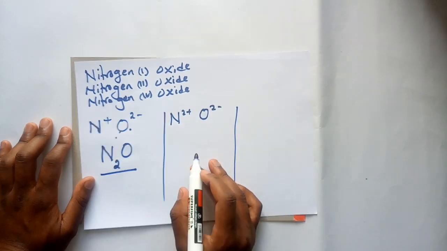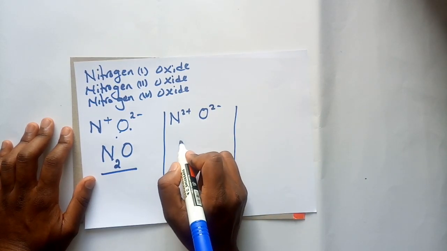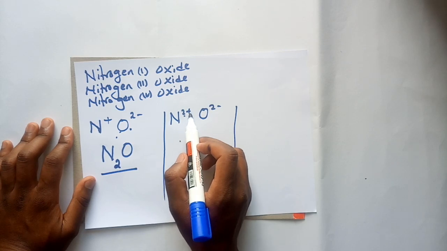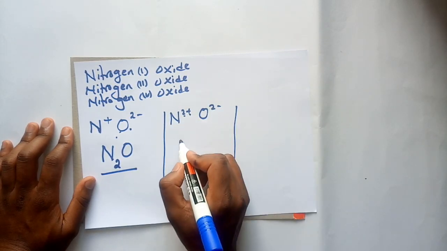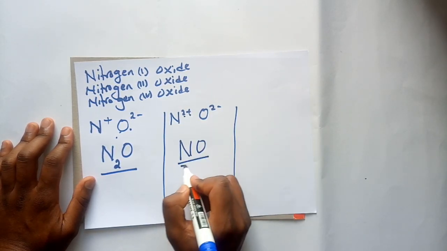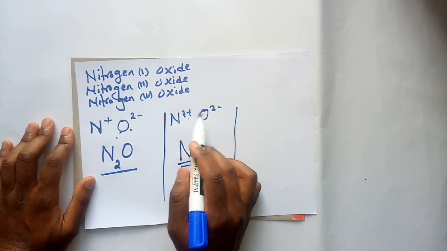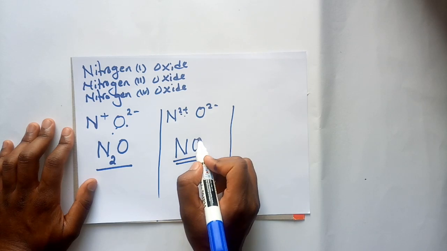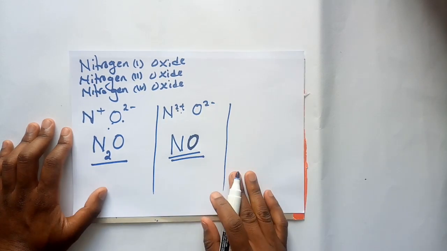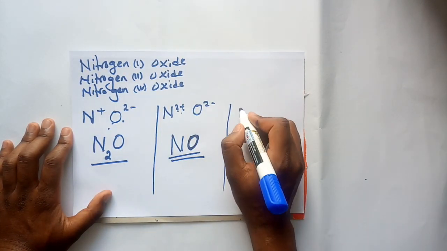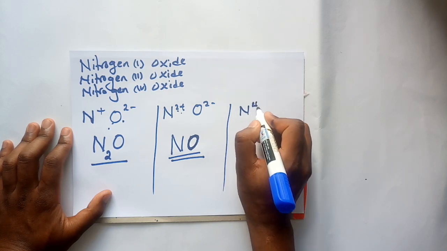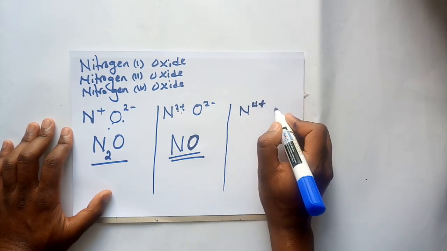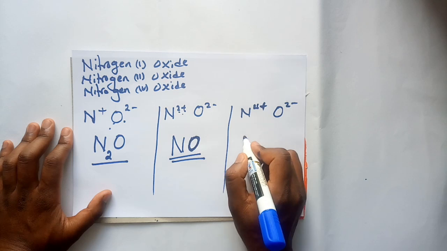Nitrogen 2 oxide. Again, this one is 2 plus and 2 minus, which cancels out, so the formula is NO. If the charges are the same, they cancel out. Then we have nitrogen 4 oxide, and oxygen.